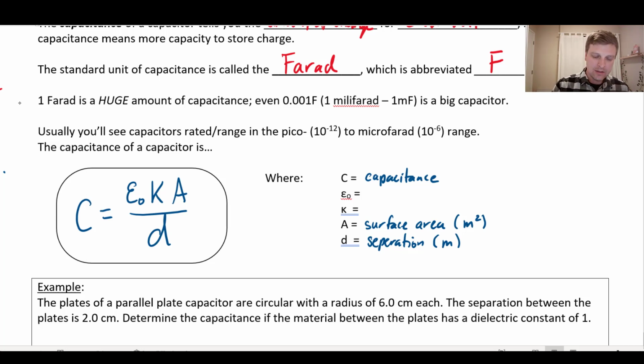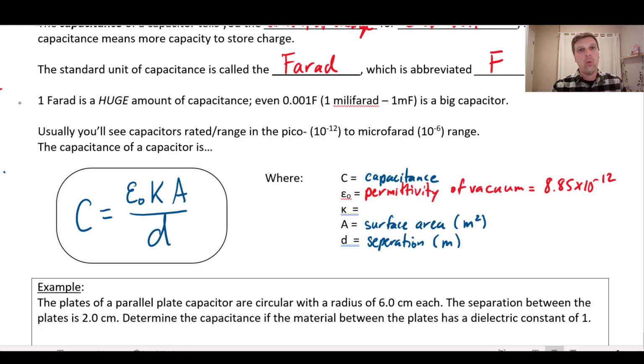So epsilon naught is a constant, and it's known as the permittivity of free space or of a vacuum. And that's not a very satisfying definition, but it has a value of 8.85 times 10 to the negative 12, actually.